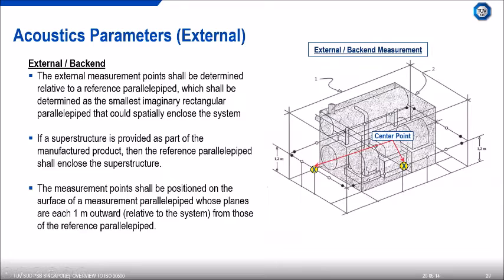And for the back end system, the measurement procedure is usually, as you can see on the photo on the right here, you have to find the midpoint. So usually it is 1 meter out and 1.2 meter height. And then the measurement should be at intervals of 1 meter.